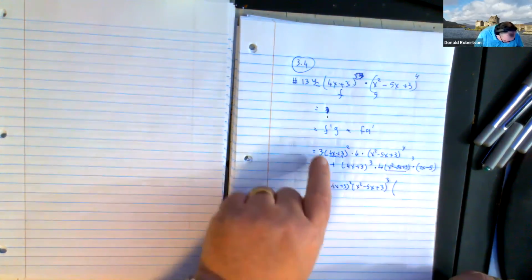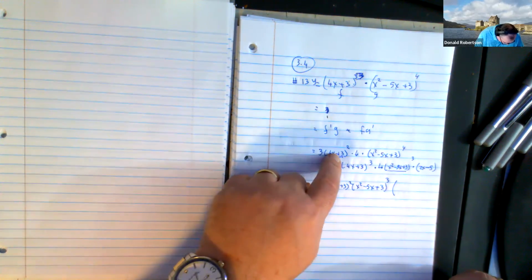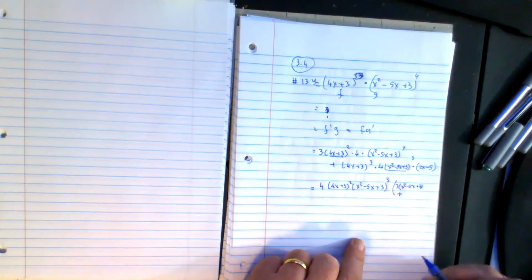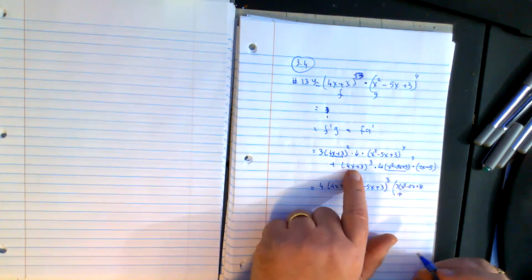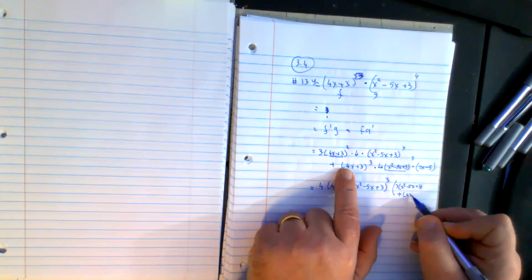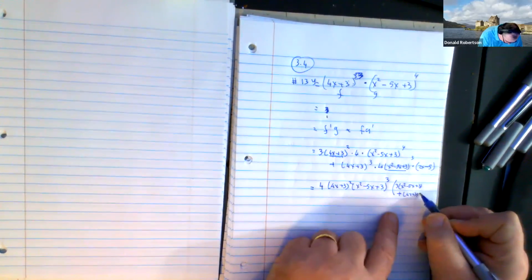And when I do that, this is left alive, that is used up, and one of these is left alive. So I'm going to have 3 lots of this fella. And then I'm going to add, and let's see, that's used up. One of these is left. And this guy is left.